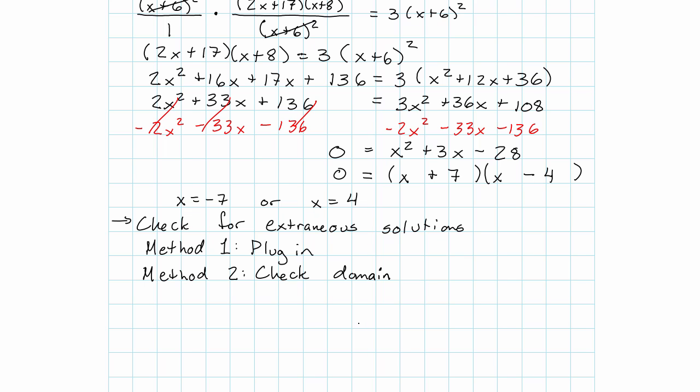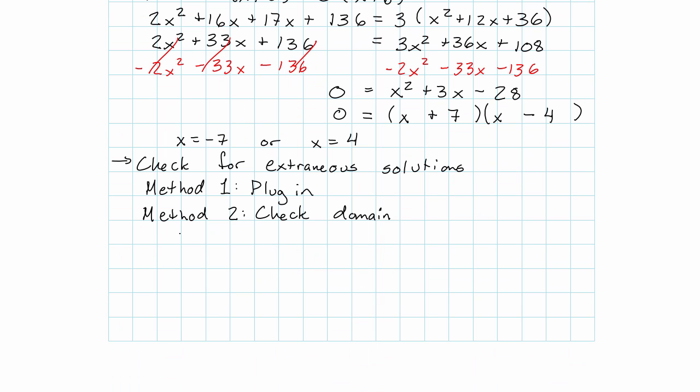and that is to just check the domain of all the logs. So one of the arguments our logs have is 2x plus 17. We need 2x plus 17 to be greater than 0, so 2x is greater than negative 17. X is greater than negative 17 halves, which is negative 8.5.